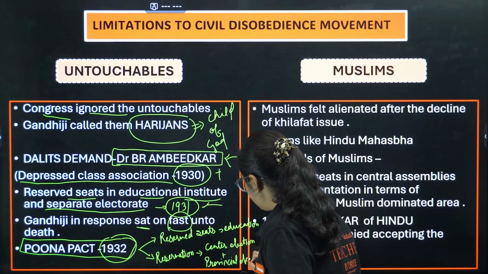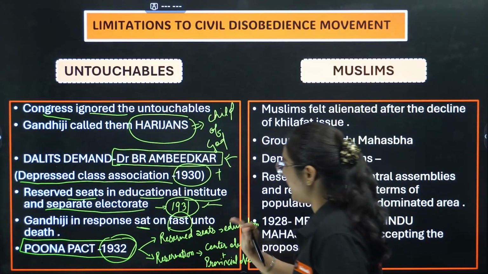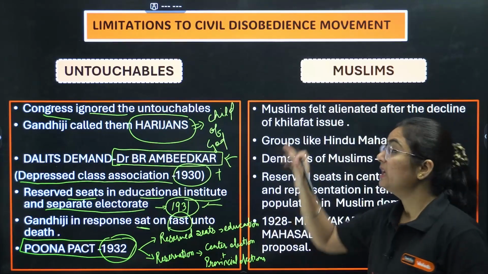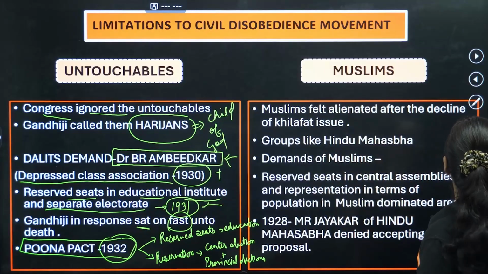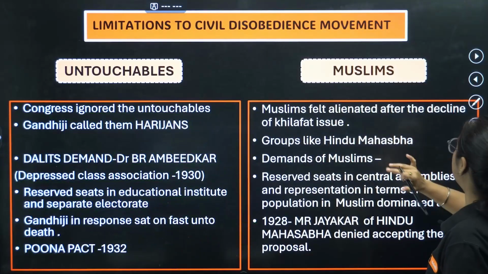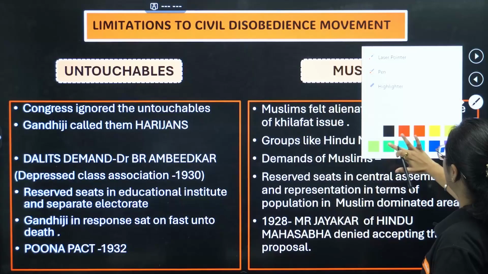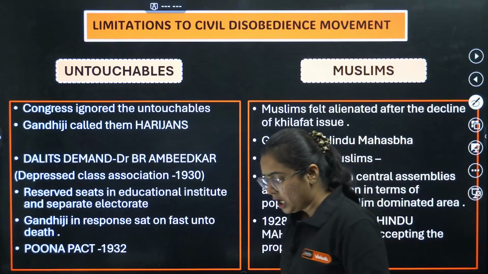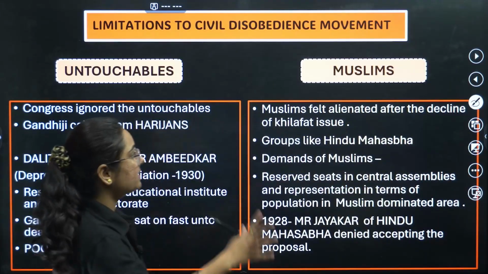So this was provided by the Pune Pact. Get this point? This was one of the major limitations because of which untouchables were not participating in the civil disobedience movement. Moving to the next community, that is Muslims.